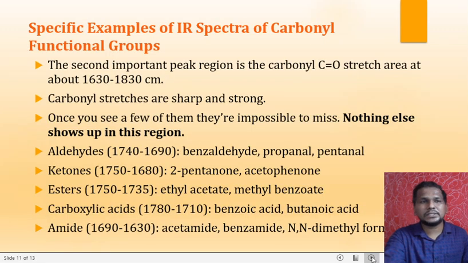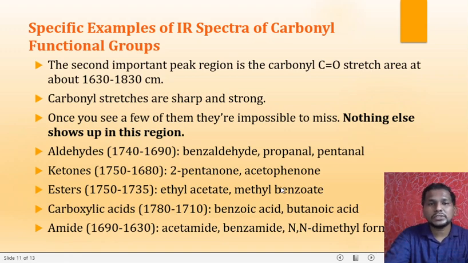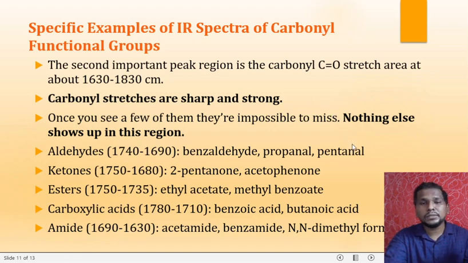Moving towards the next, some specific examples: CO stretches are between 1630 to 1830, and CO stretches are sharp and strong. And my dear students, there is nothing else that shows up in this region, so there is no confusion.